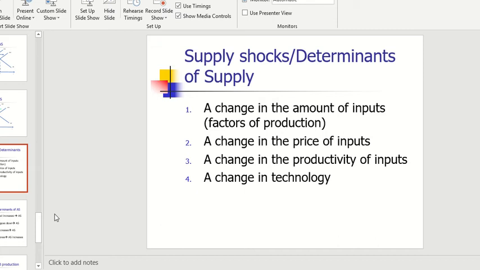So let's say all of a sudden there has been a surge in young population. Young people just keep moving into this small town. If that's the case, what do you think will happen to the aggregate supply of goods and services of this small town?